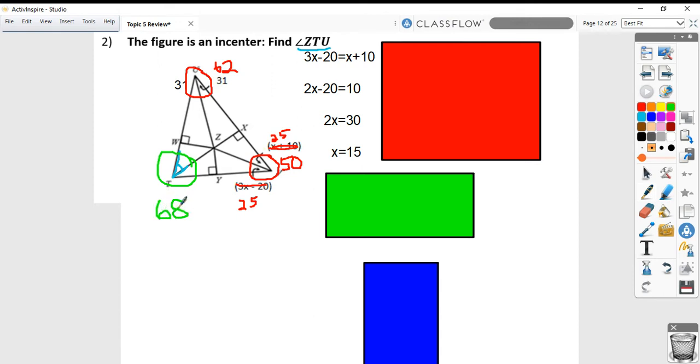And our question, angle ZTU, this one right here, well, that's just going to be half of 68. All right, our answer, angle ZTU, with my fabulous mouse handwriting here, is 34. That's what we're looking for. Angle ZTU, 34.